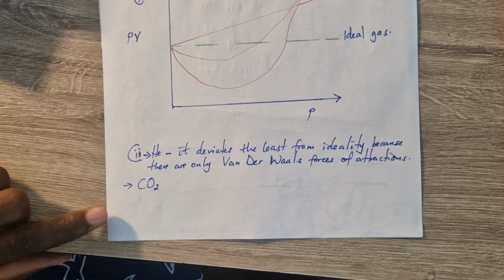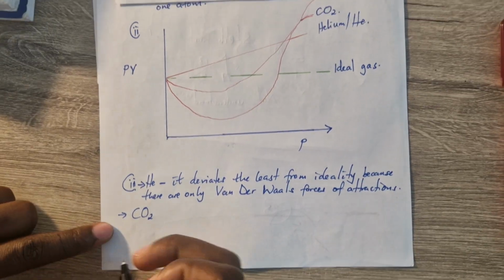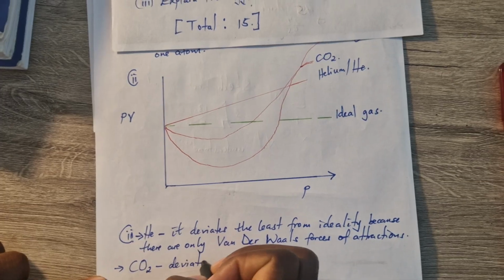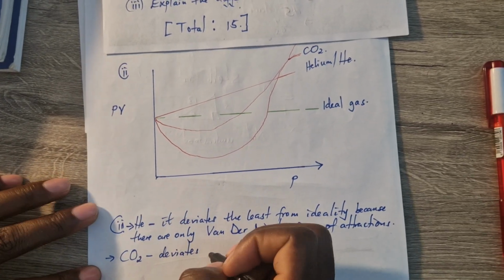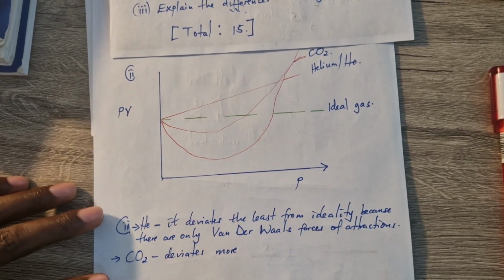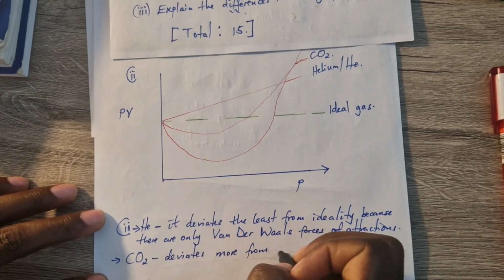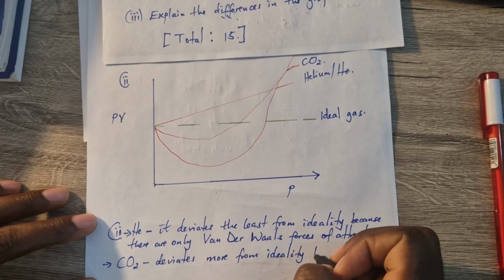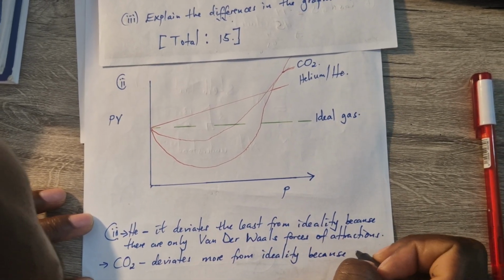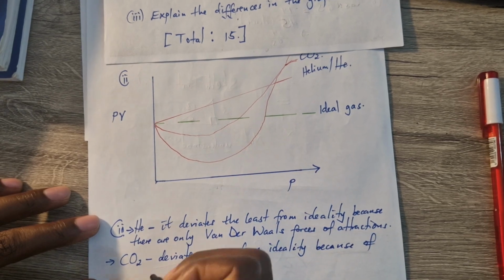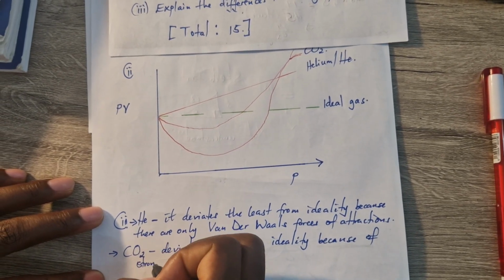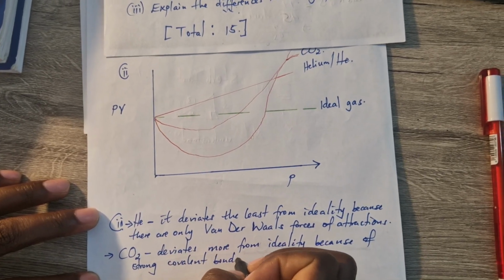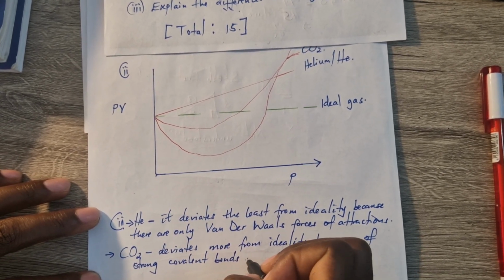Then for carbon dioxide, it deviates more from ideality because of strong covalent bonds present.